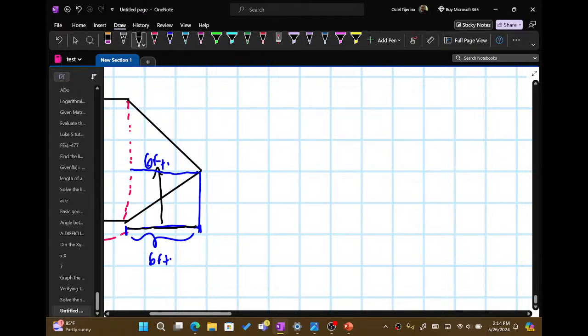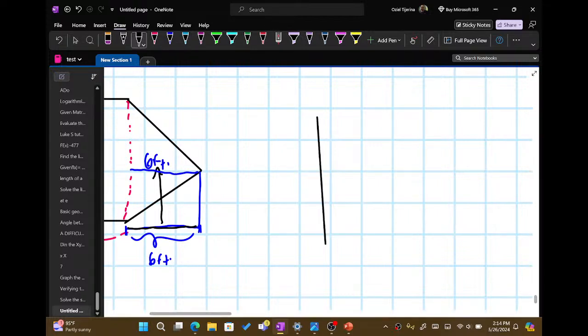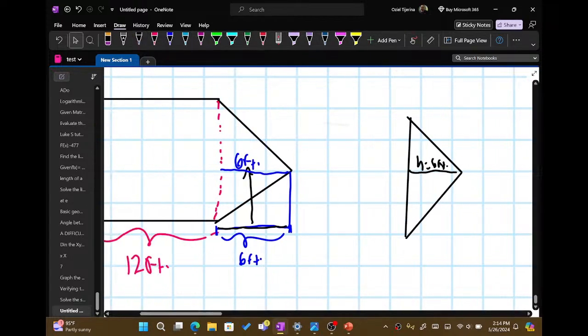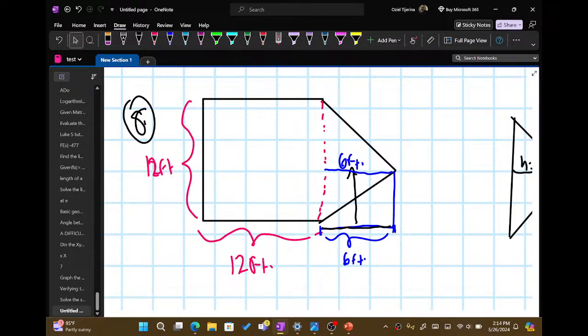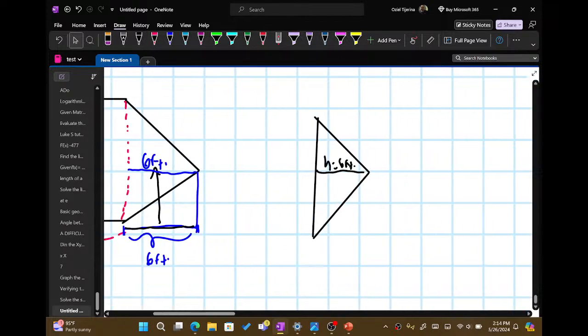So we know that we have a triangle. Again, it's not drawn to scale, but we can clearly see that the height is 6 feet. Now the base is, actually, I'm sorry, not half the square, the base is 12 feet.